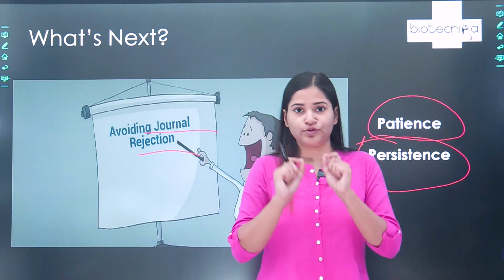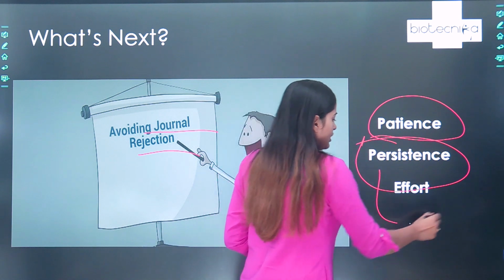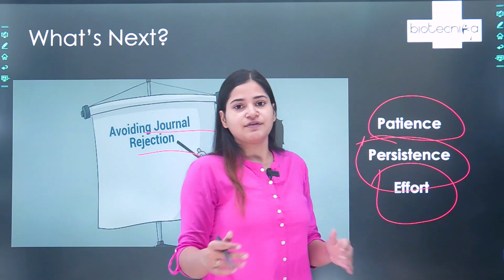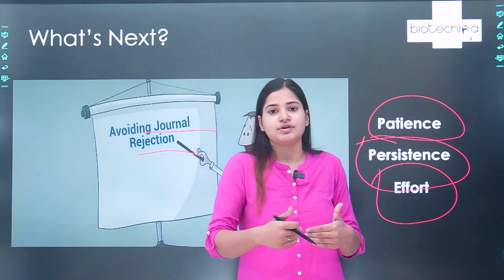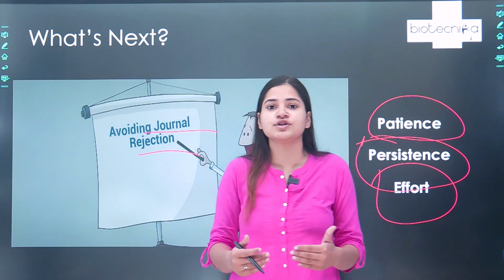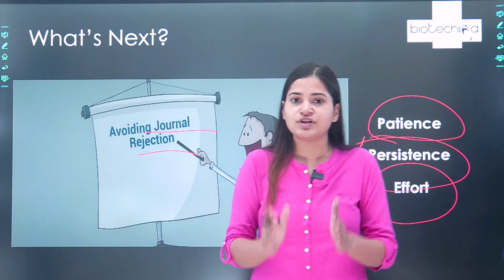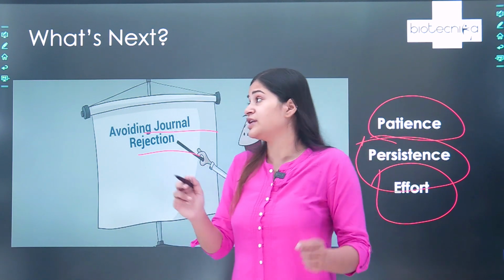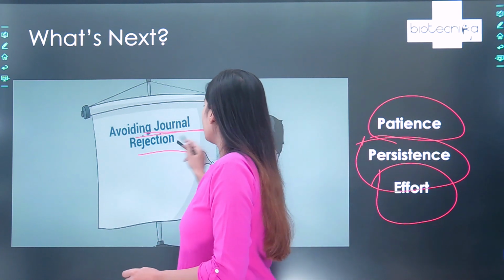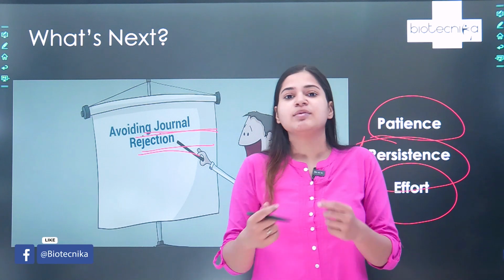So you should build your patience, be persistent, and put effort, because without any effort, if you are trying to get your paper accepted, it will never be accepted. If you build these three things in yourself, then your paper won't get rejected by any research journal.